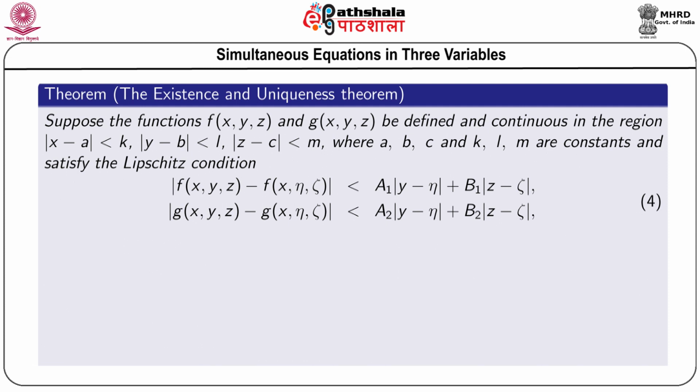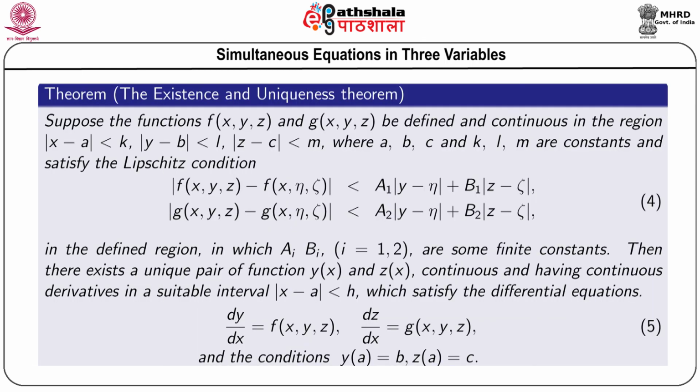Suppose the function f, which is a function of x, y, z, and the function g be defined and continuous in some region mod x minus a less than k, mod y minus b less than l and mod z minus c less than m, where a, b, c and k, l, m are constants, and satisfy the Lipschitz condition, which are written in equation number 2.